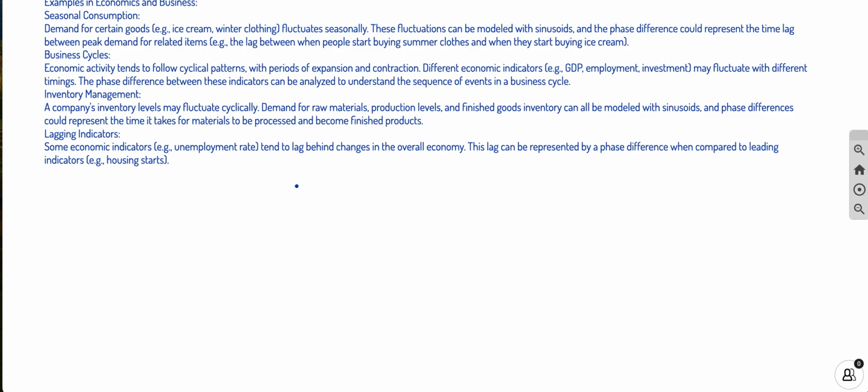There can be some lagging factors due to changes in the overall economy, like unemployment rate, or it could be leading to other things like a recession or a fall in the rental values or in the real estate prices and so on. So these are some examples where the time at which their peaks occur, if they are different, then we have sinusoids with a difference in their phase.